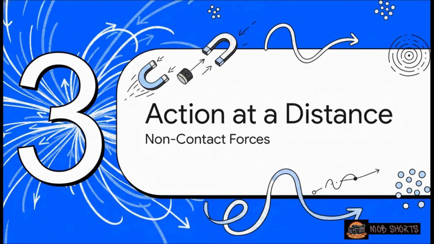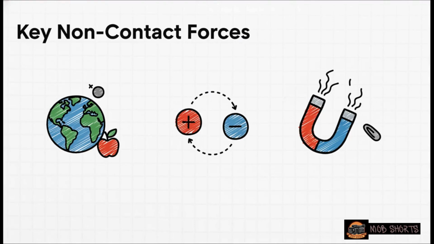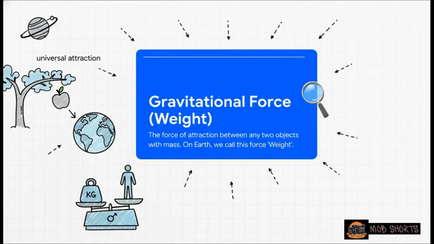We're leaving the world of physical touch behind and entering the realm of forces that act across what seems like empty space. For your curriculum, we're really going to focus on three main types: gravitational, electrostatic, and magnetic forces. Each one of these can pull or even push on an object without ever having to make physical contact with it. So the non-contact force that we deal with the most, especially in mechanics, is gravity.